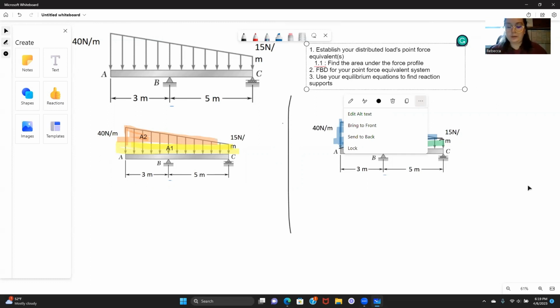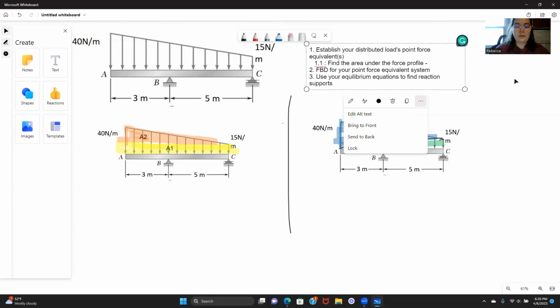Area we use kind of figuratively, but if you were to represent this bottom part as a rectangle of height 15 newtons per meter, going through a length of that full 8 meters, that would be that conceptual area that we're talking about.